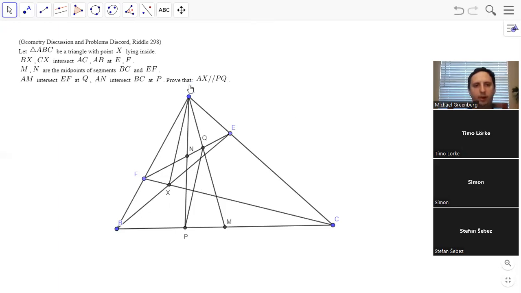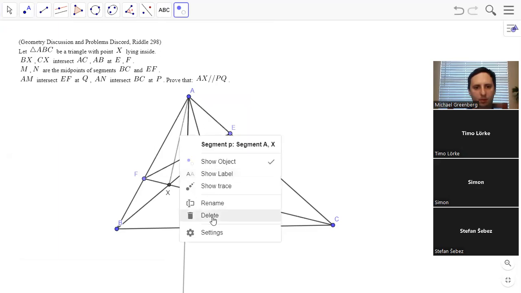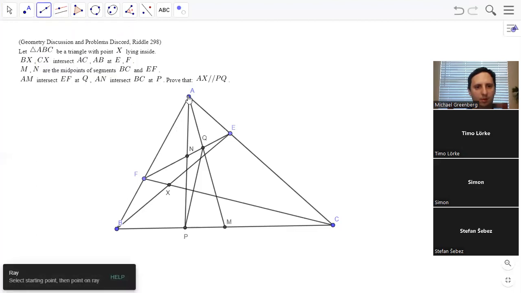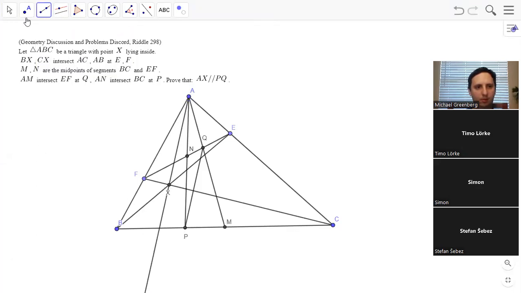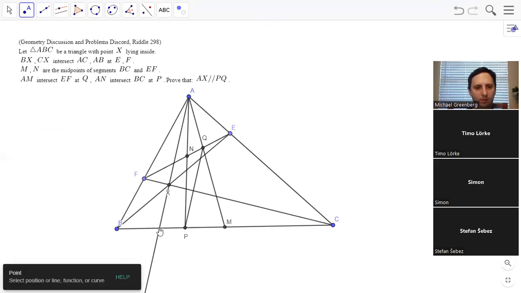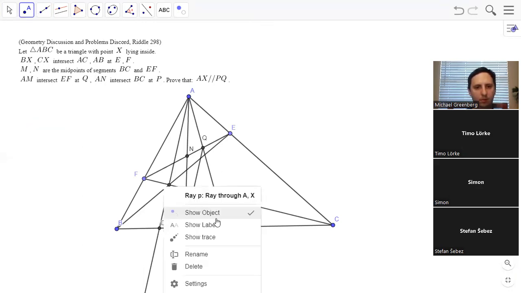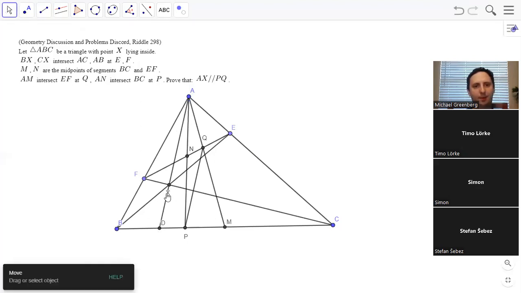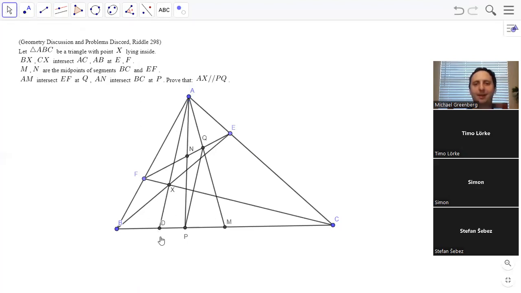So yeah, I don't know if it's worth letting AX meet BC at a point. Yeah, this one almost feels like it should be easy. This is another one of those where it feels like it should be easy, but yeah, we'll see.